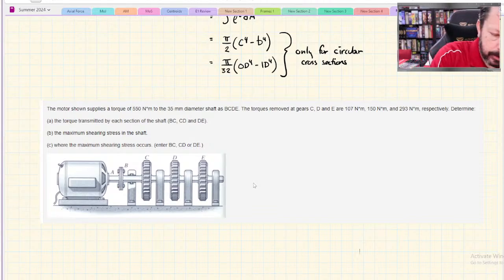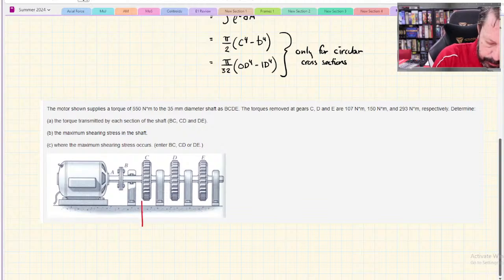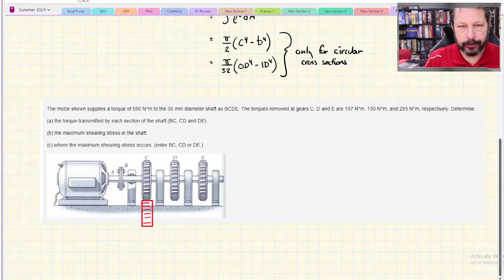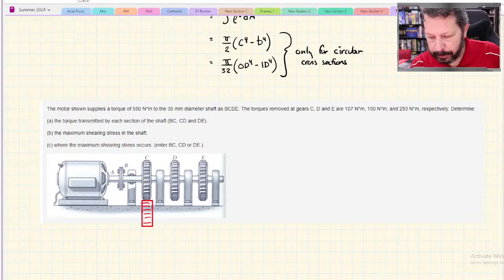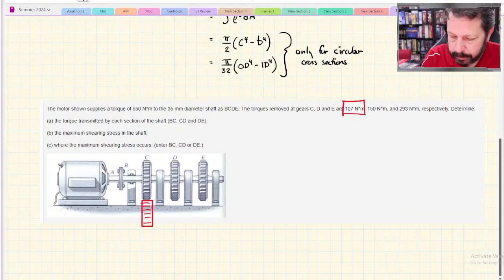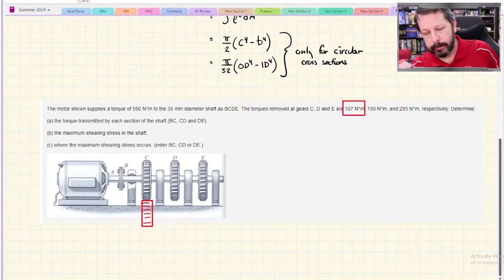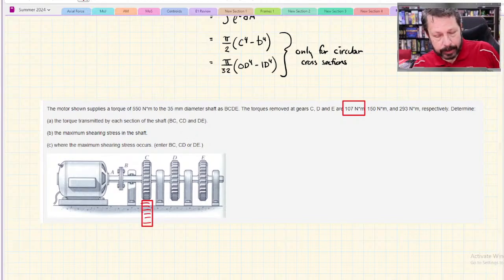So maybe there's some gear over here that is running some other piece of machinery, and that torque transfer requires some known amount of torque. So that's what it's saying.